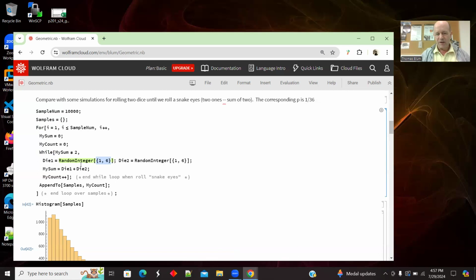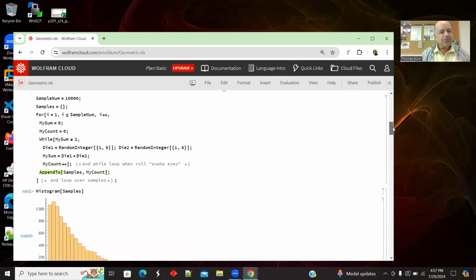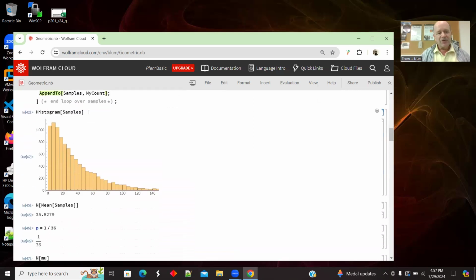I get out of my while loop when I finally get the sum to be 2. And then I append my count to my samples. And so I do that many times. I made a histogram of my samples, and this is the behavior you expect for a geometric distribution.